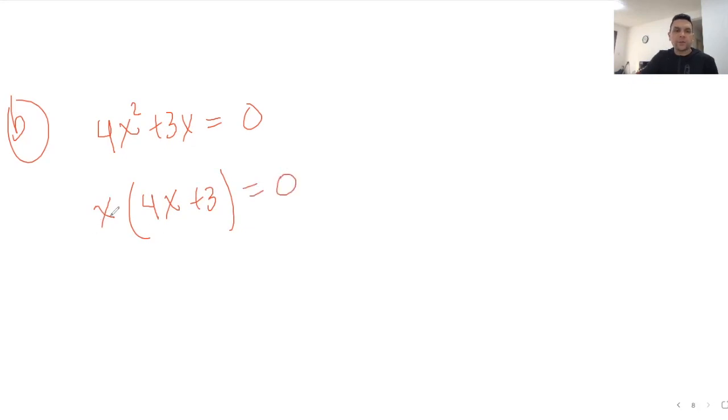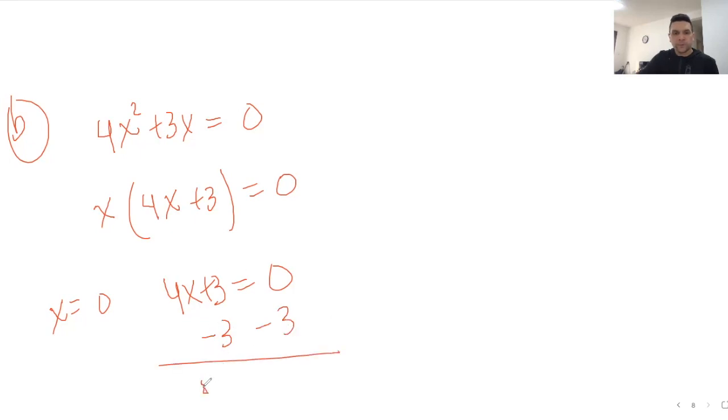Now, either x equals 0, or this equals 0, or both. So our x equals 0, and then I can set 4x plus 3 equals 0, and I can isolate and solve for x. So I'm going to get 4x equals negative 3, and then x equals negative 3/4.